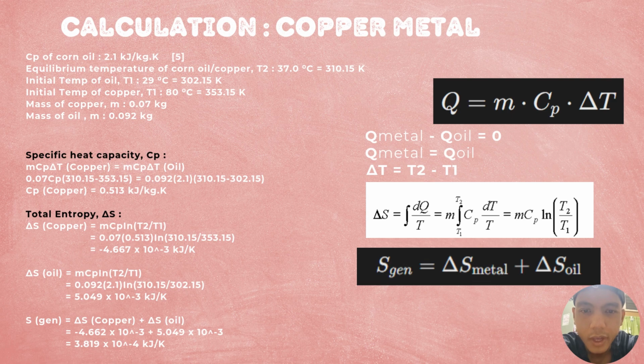After that, we can find the S generation by using the equation S gen equal to delta S metal plus delta S oil. So we can get the value as we can see in the slide.